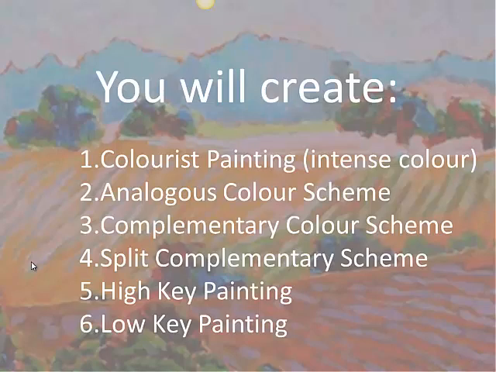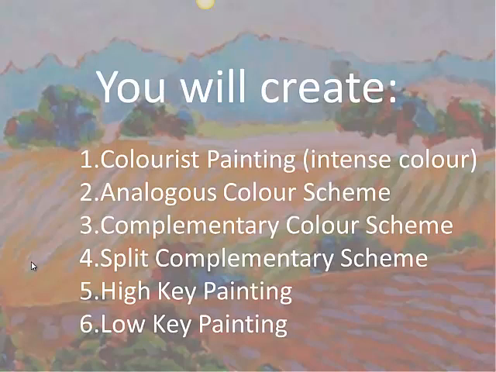And then you're going to use an analogous color scheme for another painting. You can try a number of them. If you do a whole bunch of different ones and you want to hand them in, please do, but I'm requiring one. You can either go analogous and use the colorist method, or go more realistic in your choice of colors.